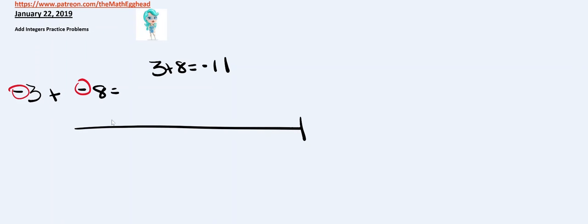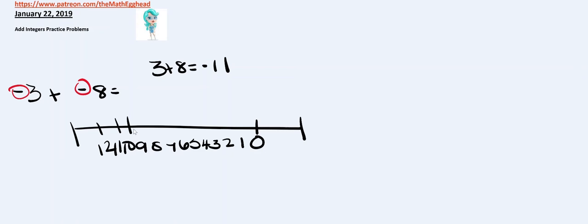For those who want to see it on the number line real quick, let's start here. And let's go 1, 2, 3, 4, 5, 6, 7, 8, 9, 10, 11, 12. Okay, so remember the first number always tells us where we're starting. Oh, excuse me, I forgot the negative sign here.